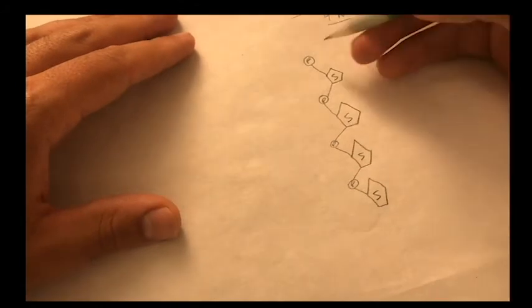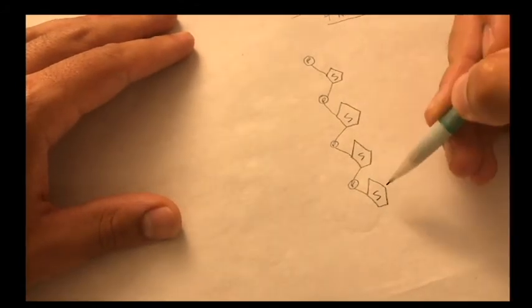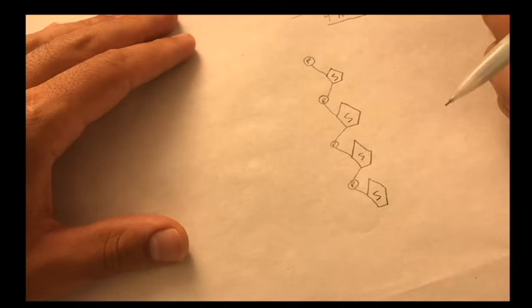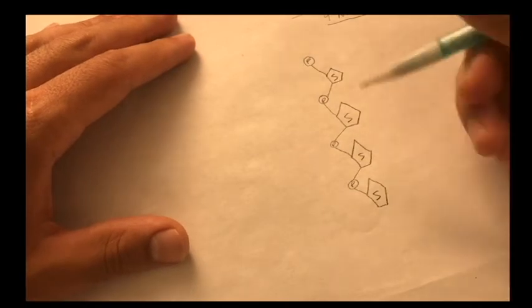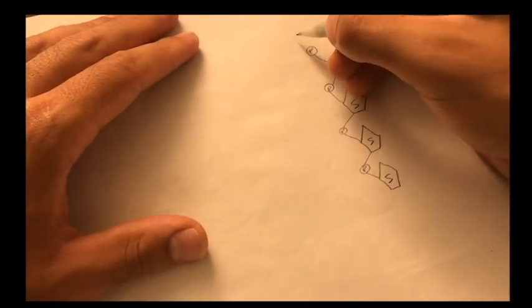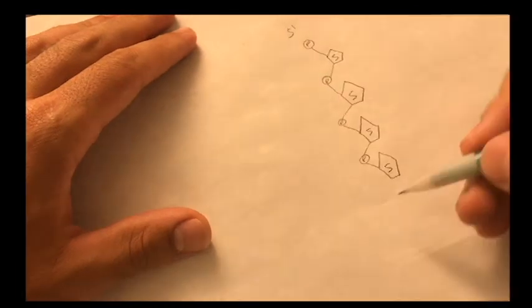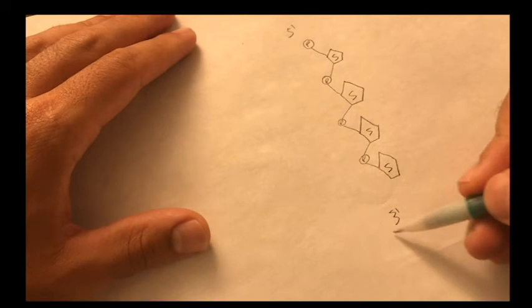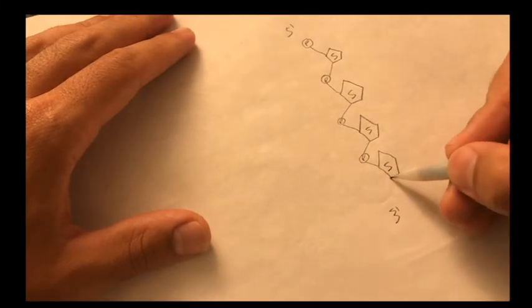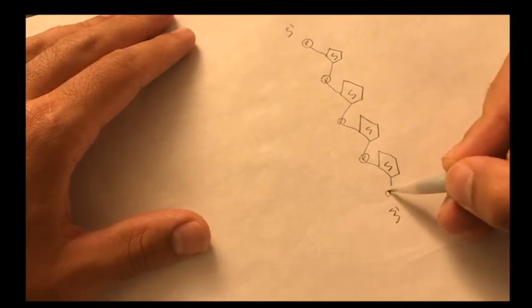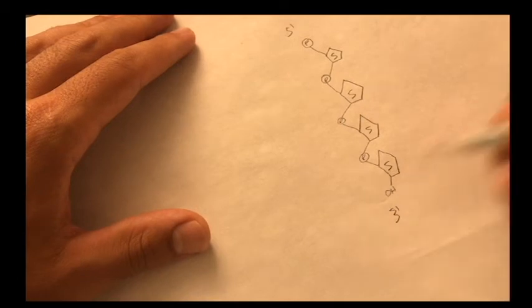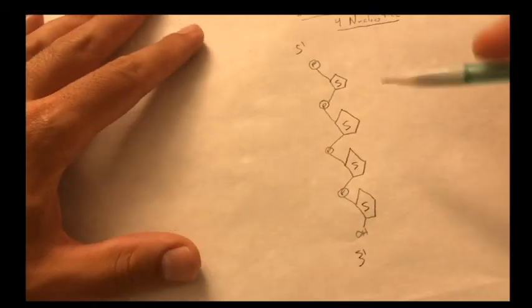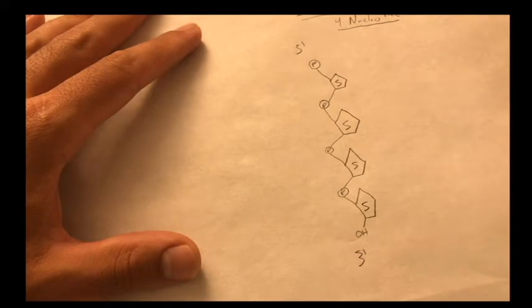So here we go. 4 phosphates, 4 sugars. Okay. So next we want to label our 5' end and our 3' end. This is the top, so we're going to do 5', and this is the bottom here, 3'. And one thing to remember is on the 3' end, you always have to add a hydroxyl group, or OH, to the bottom. Okay. So this is our sugar phosphate backbone.